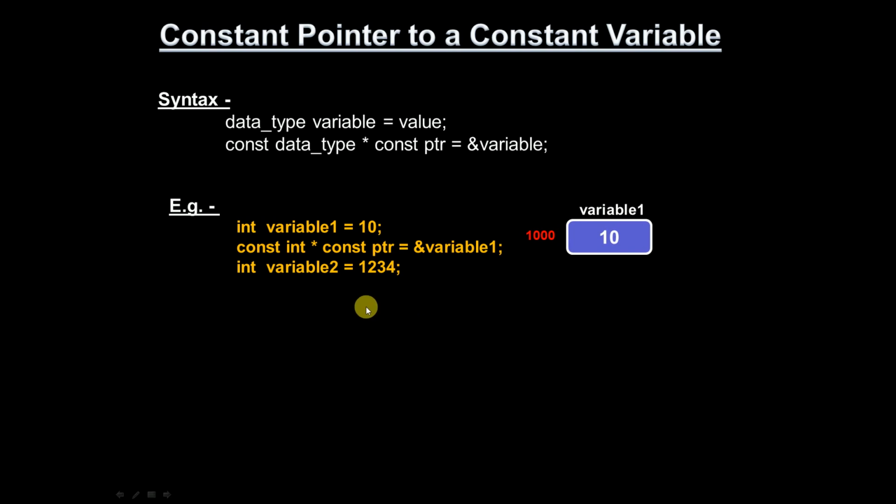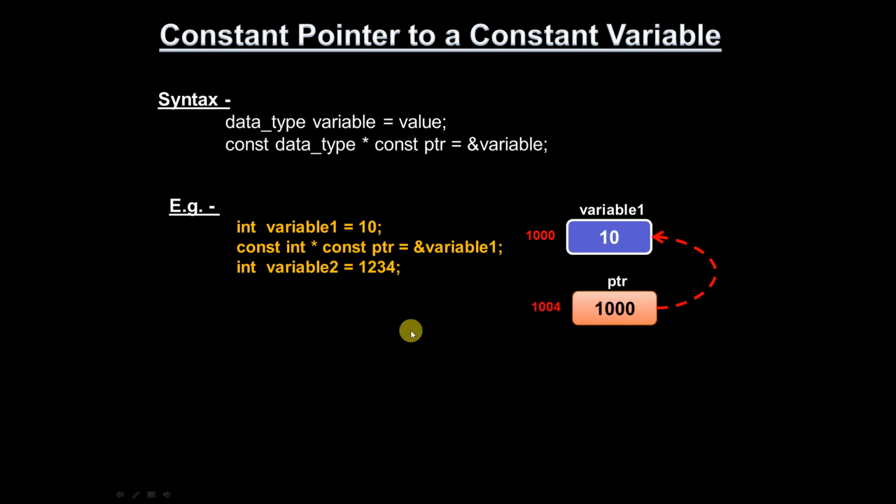Next, const int * const ptr. Now we are creating one pointer ptr, which is a constant pointer to a constant integer, and which is holding the address of variable1.